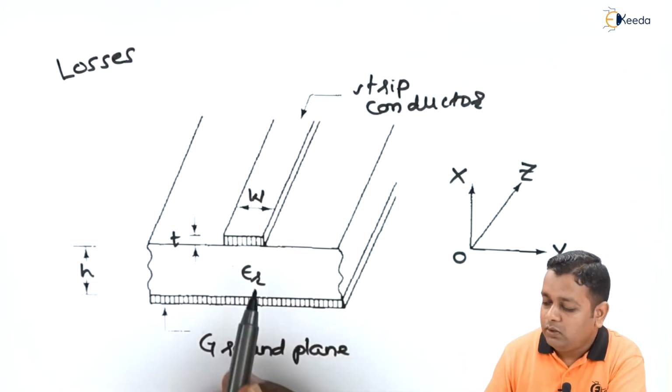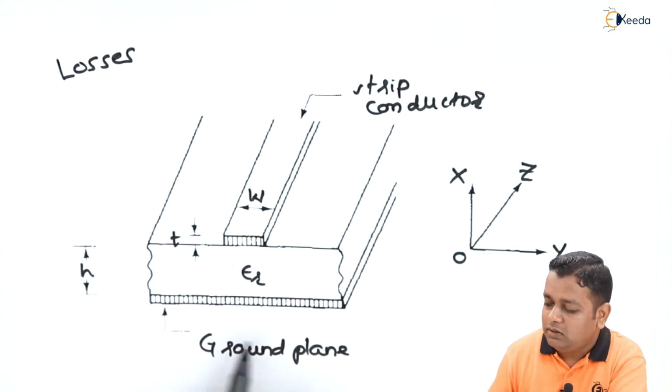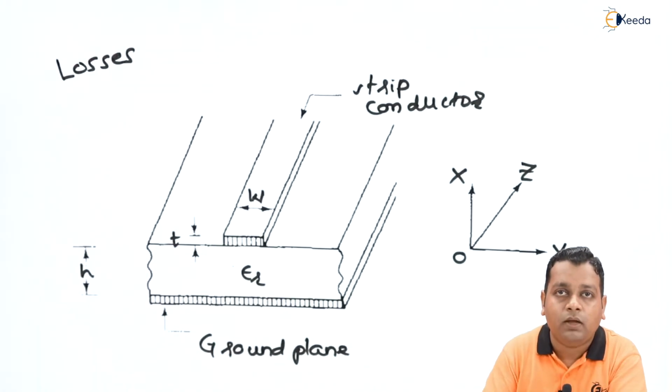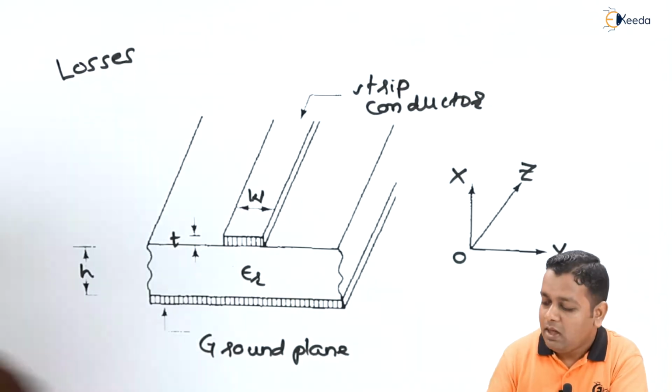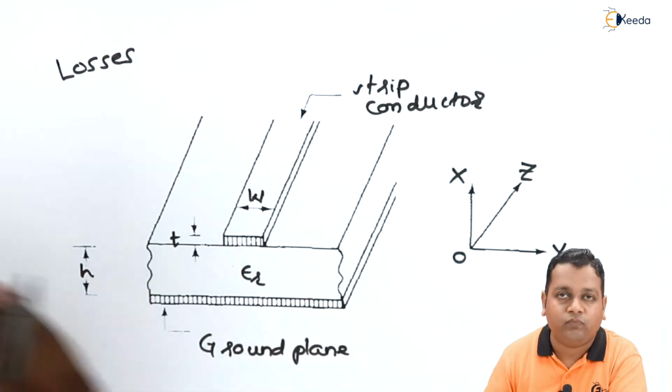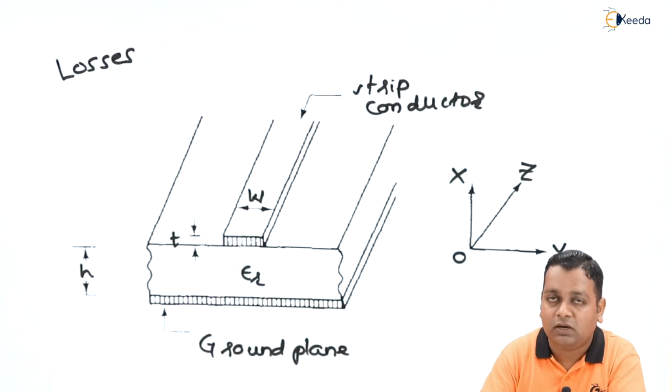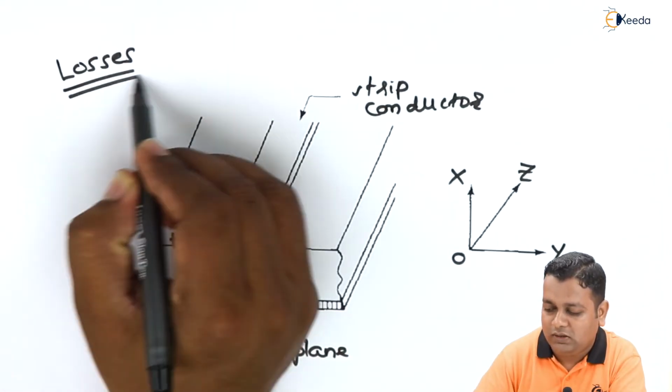The strip conductor and the ground plane are made of conductive materials, metals in general, and the dielectric material is most possibly a semiconductor material. So both contribute to the losses here.